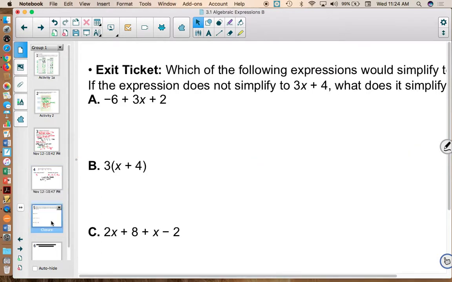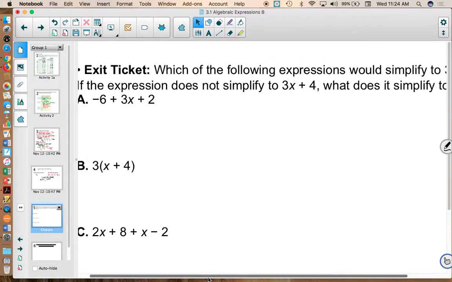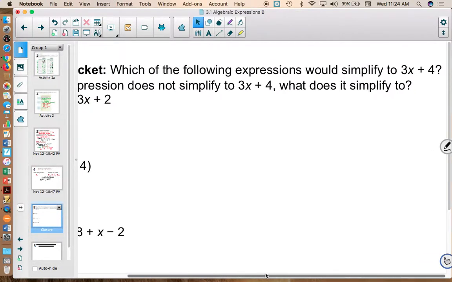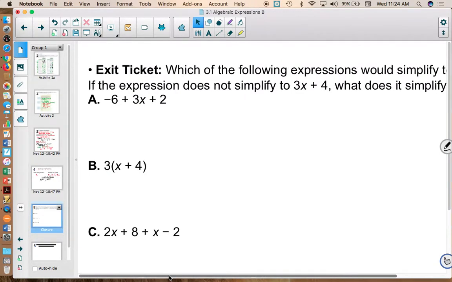Do I want to do that? It's not really an exit ticket, but let's see what we can do with this one. Let's see what it says. It says, which of the following expressions will simplify down to 3x plus 4? It needs to go down to 3x plus 4.